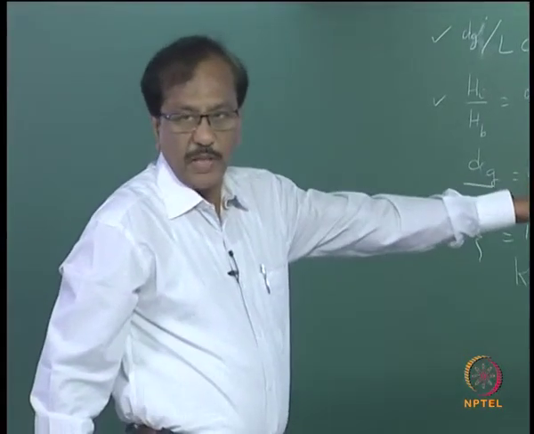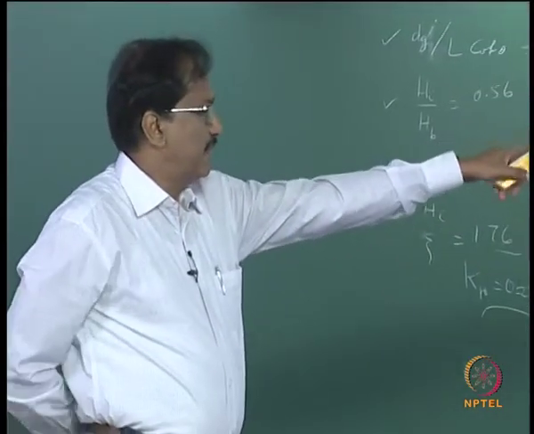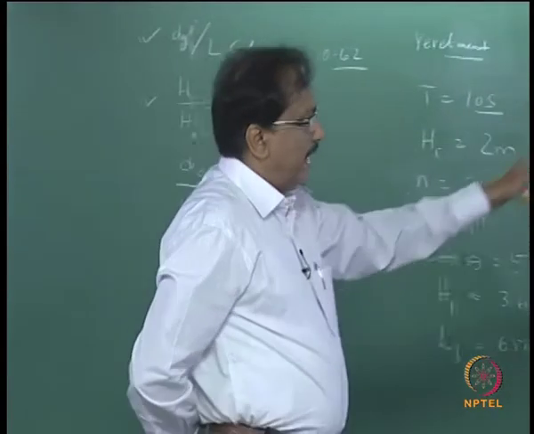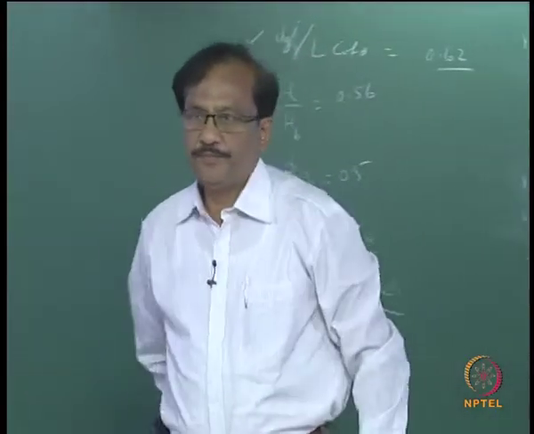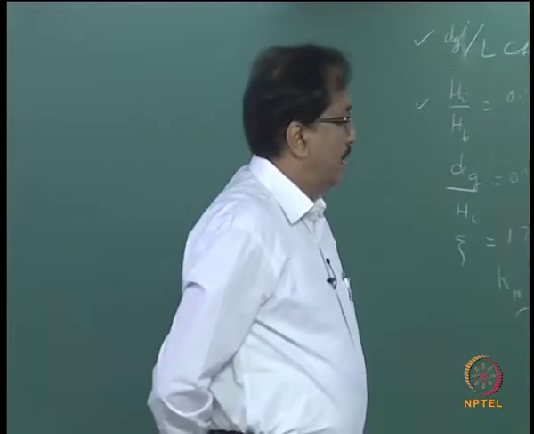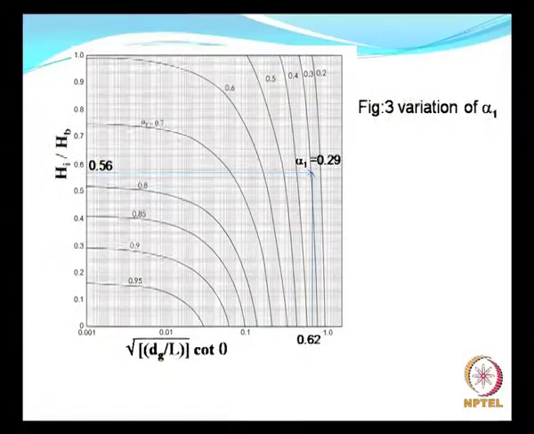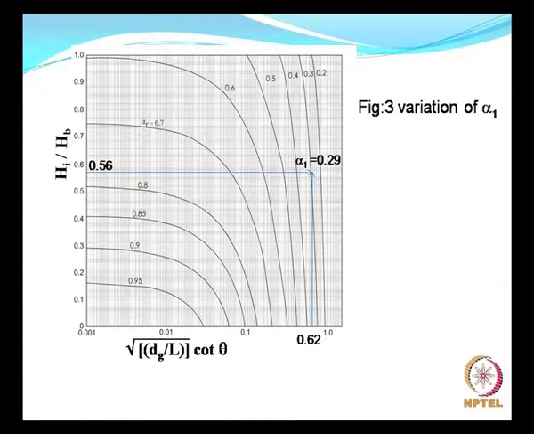Use this nomogram to arrive at, this gives you the lines of alpha 1 ranging from about 0.95 to 0.2, which depends on the two parameters hi by b and the one which is given along the x axis. These two parameters have been calculated. So now the task 1 of subdivision 1 is completed.